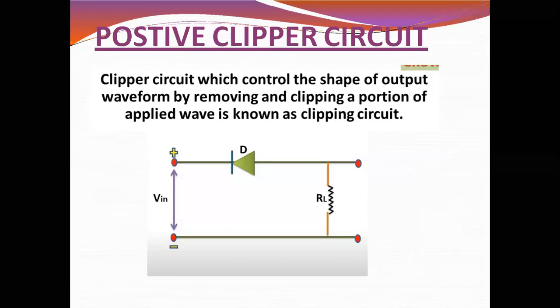Now coming to the first circuit. This is positive clipper. If you observe in the diagram, the diode is connected in series with the load resistance. So simply I can say it is the series clipper in which the diode is connected to the load resistance in a series manner.